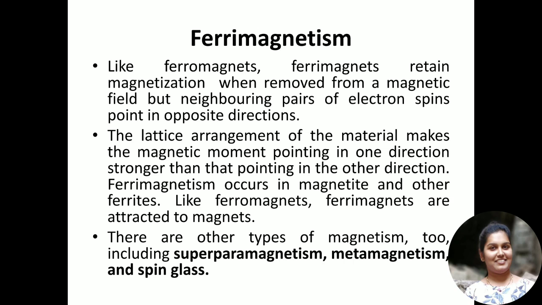There are other kinds of magnetism as well, like superparamagnetism, metamagnetism, and spin glass. These are not discussed in this video, but diamagnetism, paramagnetism, ferromagnetism, antiferromagnetism and ferrimagnetism should be kept in mind, because these kinds of magnetism are used right from the basics of electronics.